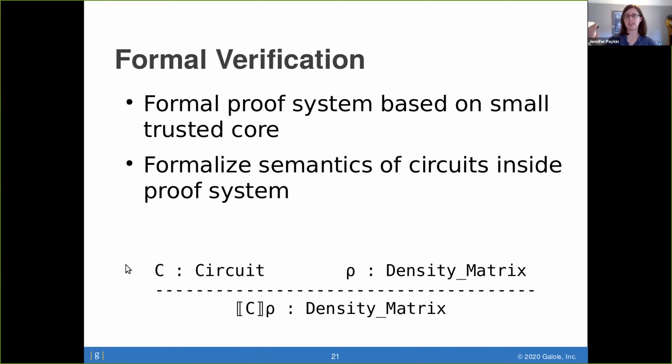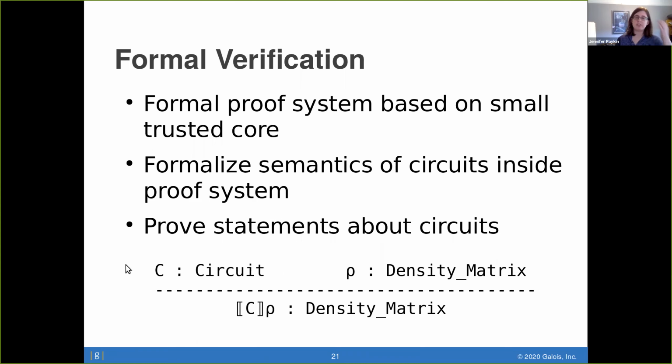If our circuit takes in some quantum state, it will also produce a quantum state. And what's nice about this is that we don't have to reason directly about the probabilistic behavior of C, because the semantics of C, this bracket C, is just a function from a probability distribution to a probability distribution.